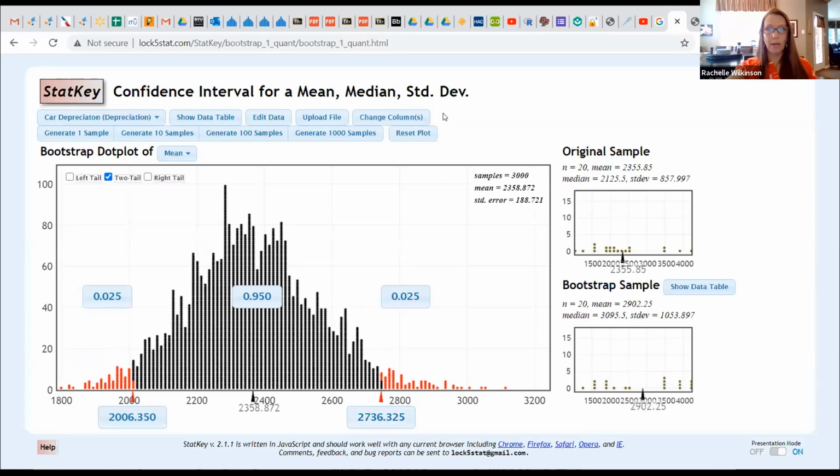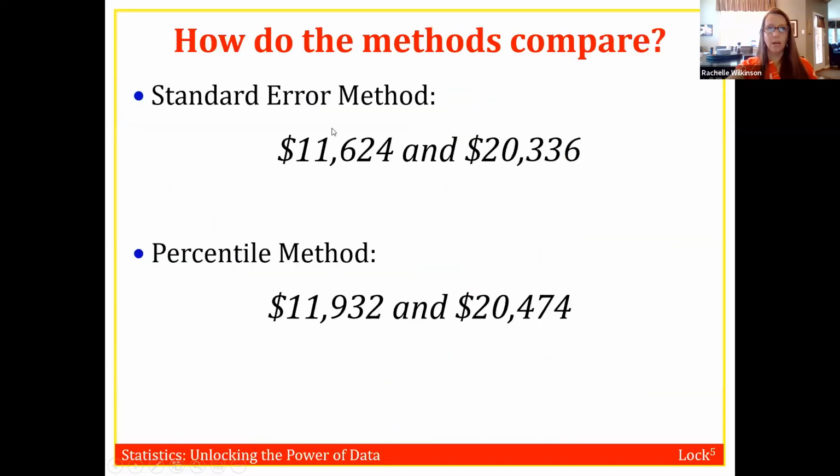So if I go back to my presentation here, so back on the Mustangs, then using the standard error method, I got this interval that went from 11,624 to 20,336. And using the percentile method, I got 11,932 to 20,474.